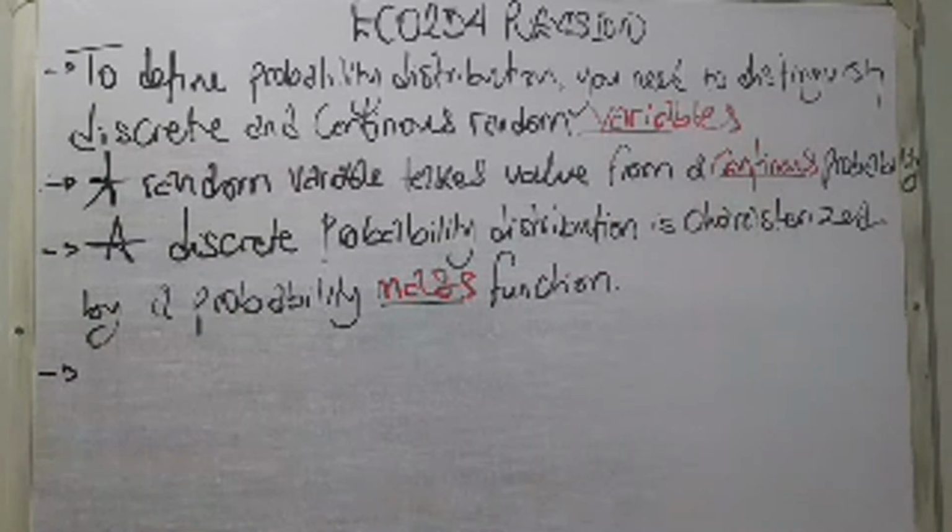It says for a continuous probability distribution, it has a probability dash function. Are we together?